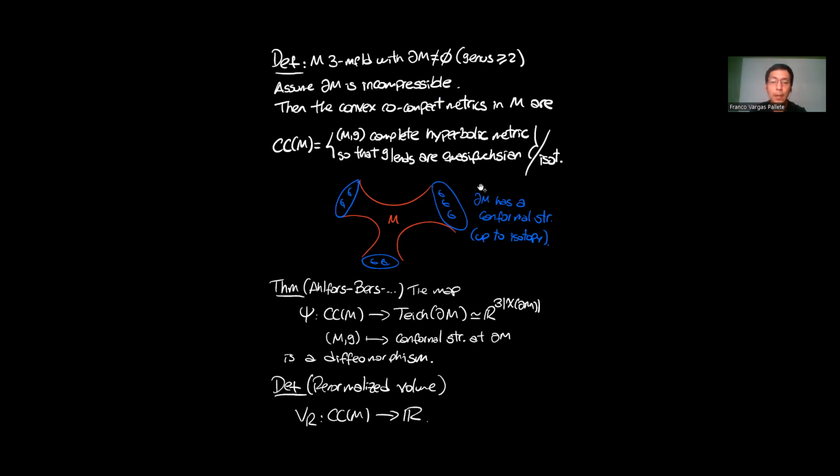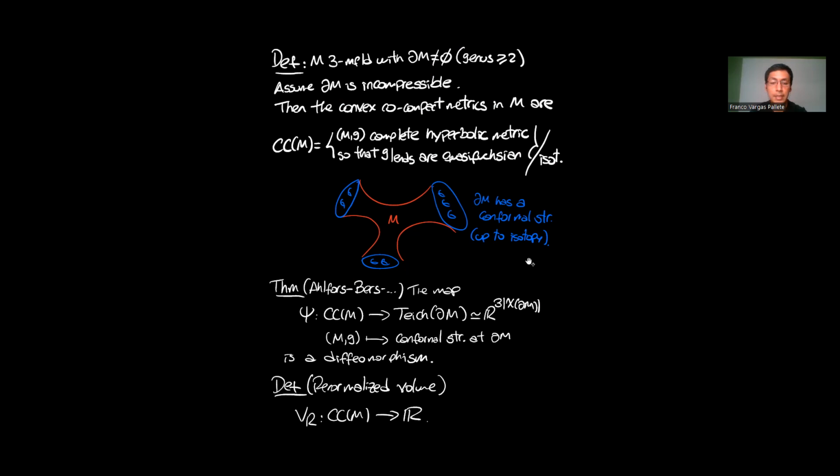So why is this important? It's important because it helps us fully parameterize this deformation space of hyperbolic metrics. In particular, we have a theorem due to Ahlfors-Bers, and I should probably write here the names of a lot more people in order to give the description, but at least part of the core is due to Ahlfors and Bers. It tells us the following.